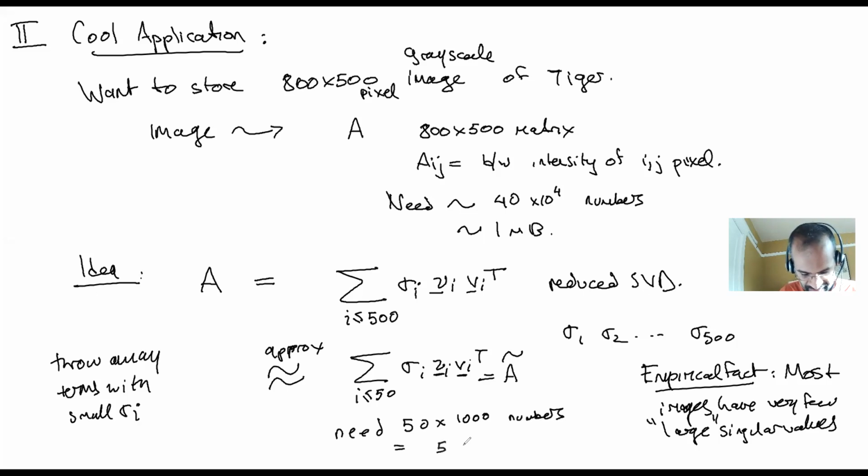This is just like 5 times 10 to the 4. So you reduce the size by an eighth without losing much information. And this really is somehow the basis for most image compression on the internet, for example. It's kind of surprising that some generic thing like singular value decomposition works. But anyway, this is one cool application of singular value decomposition, which is image compression.